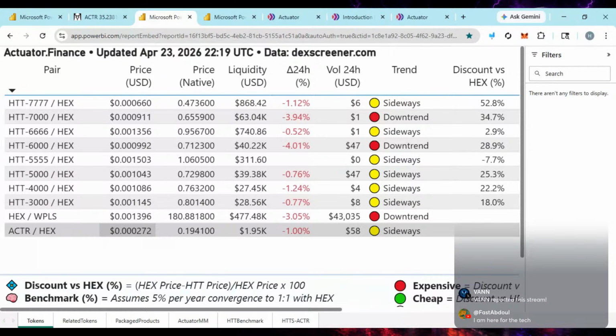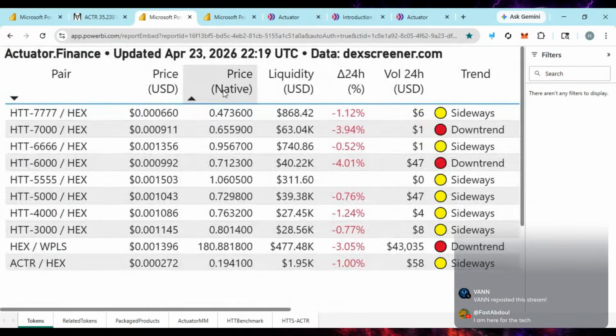And so what I pulled up on the screen here is a list of different tokens associated with Actuator.Finance, specifically, again, those HTTs. And I'm going to point to this third column here that says price native. When you look at the price native, you can see that 1 HTT 7777 is right now valued at 0.47 HEX.